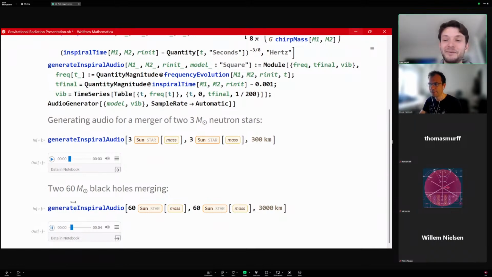But for smaller masses, it makes a very clear pitch. For these larger ones, it kind of sounds just like 2 things bouncing off each other. You can also look up audio clips of LIGO data that's actually been turned into sound, and it sounds pretty similar to this, which I thought was pretty cool.